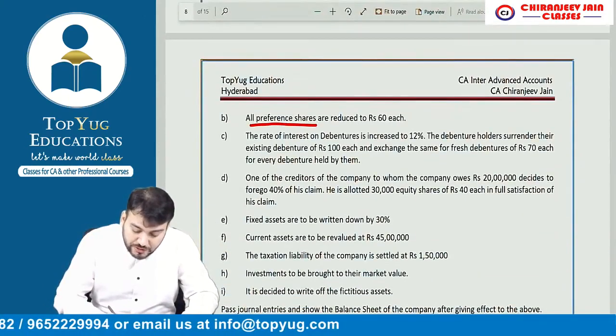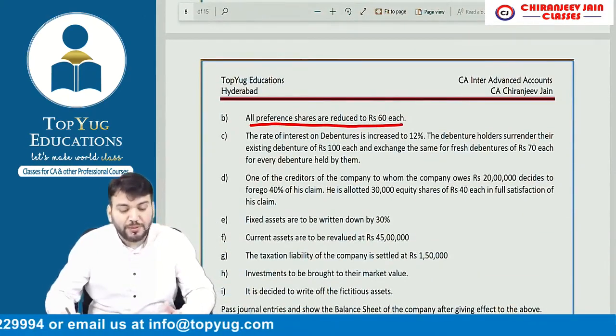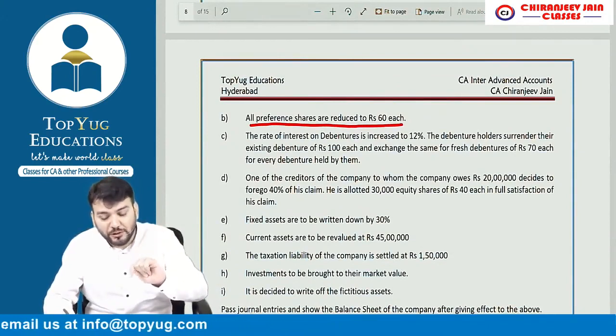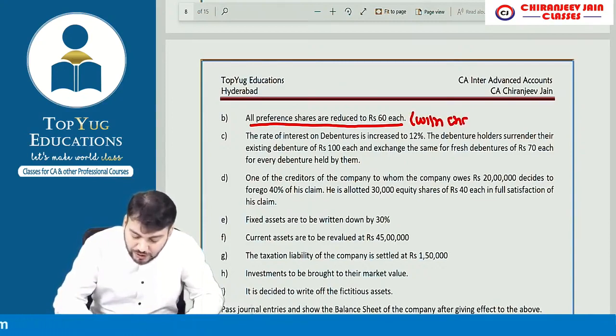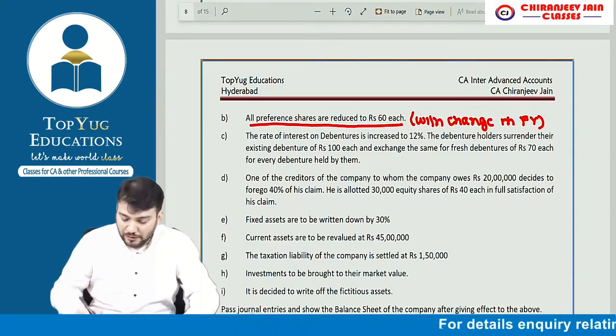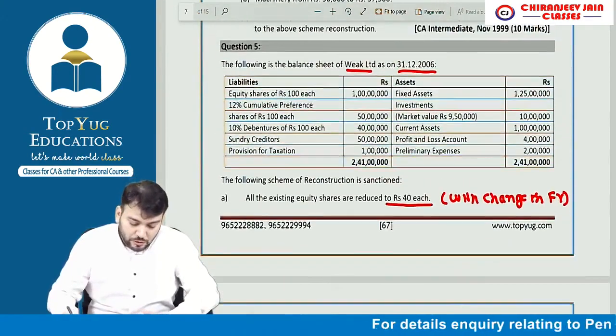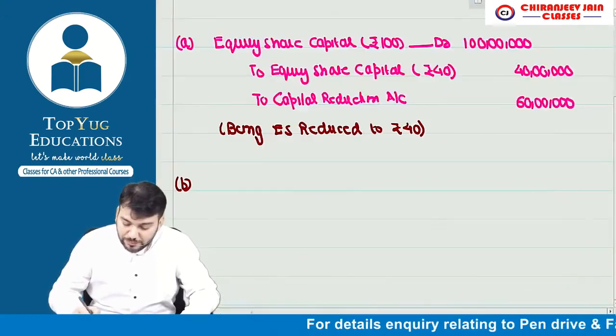All the preference shares are also reduced to rupees 60. So preference shares reduced to rupees 60. So this is with change in face value. Correct? Understood? So we were having 12% cumulative preference share capital.